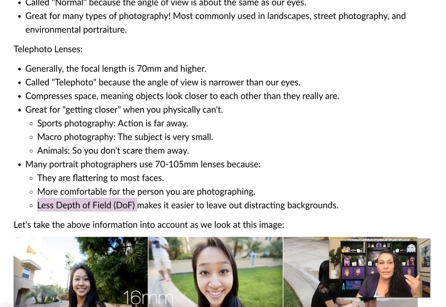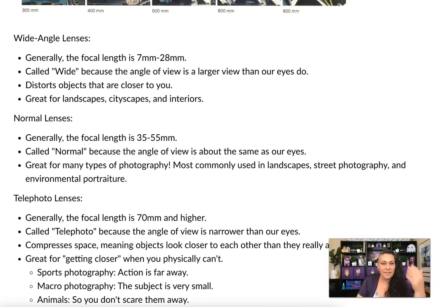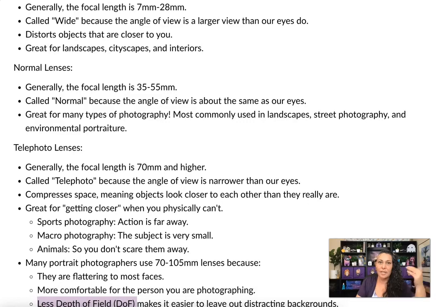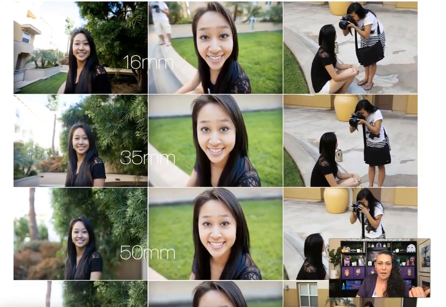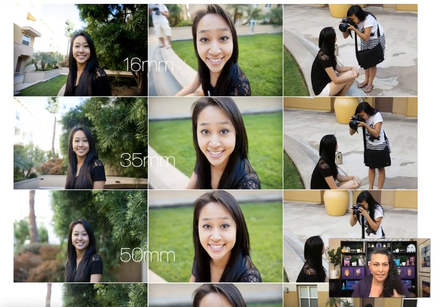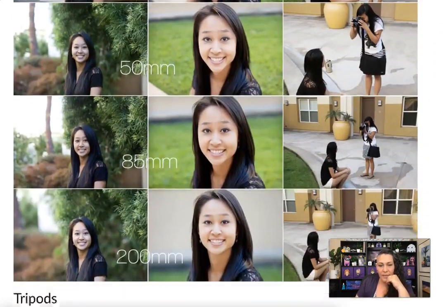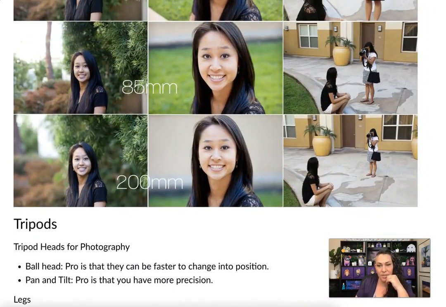Okay, so now looking at these three different types of lenses, wide angle, normal, and telephoto, let's look at this next chart and apply this. All right, so this is really handy. So we have 16 millimeter, 35 millimeter, 50 millimeter, 85 millimeter, and 200 millimeter shots here.